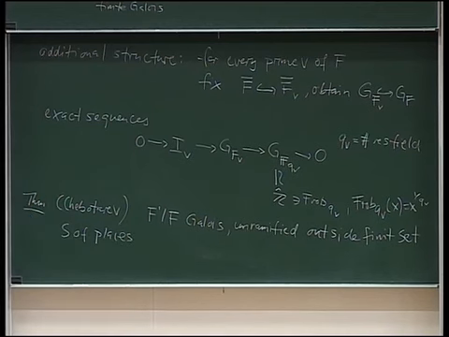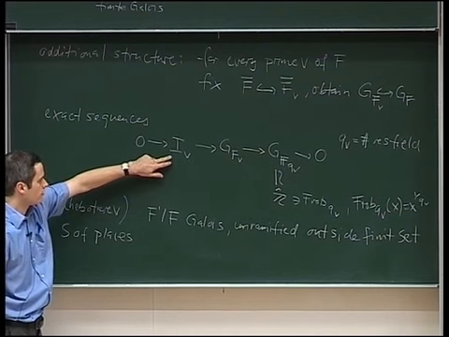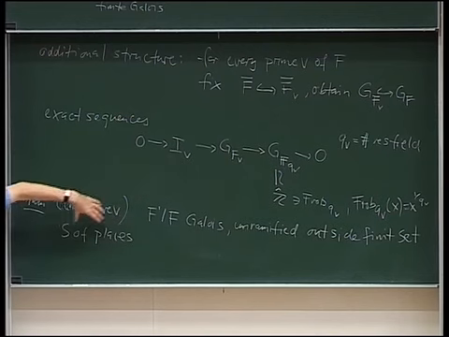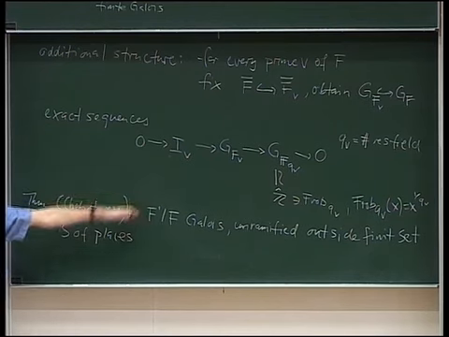So this means the inertia groups for places outside S have trivial image in the Galois group of F prime over F.